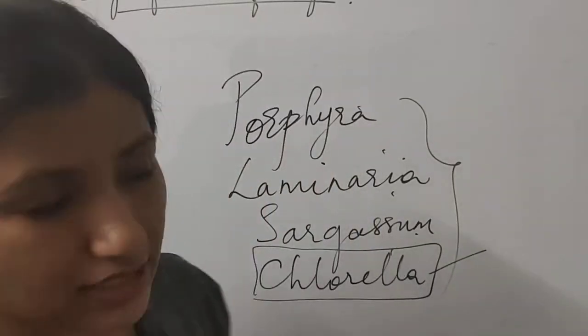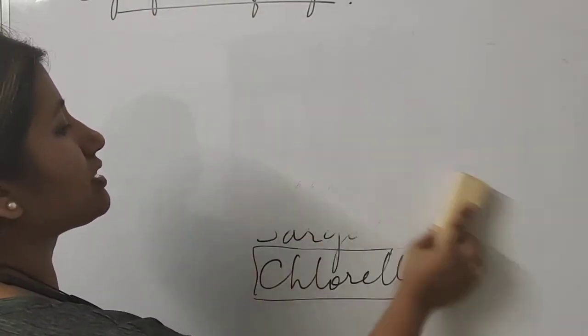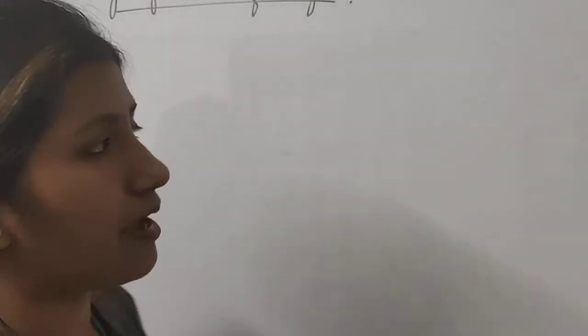Next, from algae we also get some commercial products. We make ice cream and gelatin from Gelidium and Gracilaria.